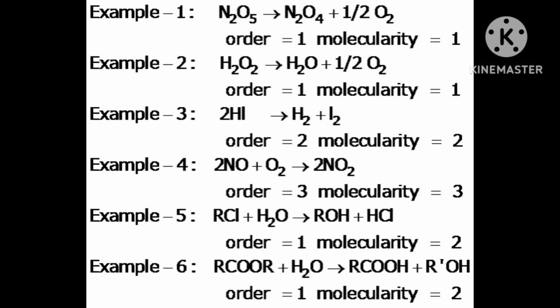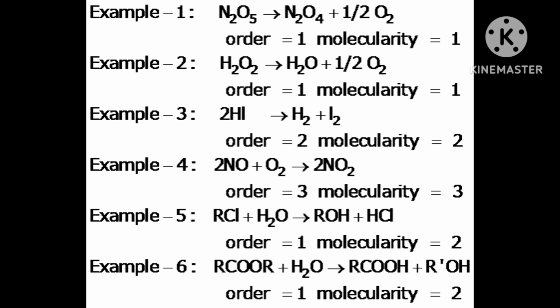That also you can write as concentration minus n, if in one line you want to write. By following this formula, you can calculate for zero order, first order, second order.